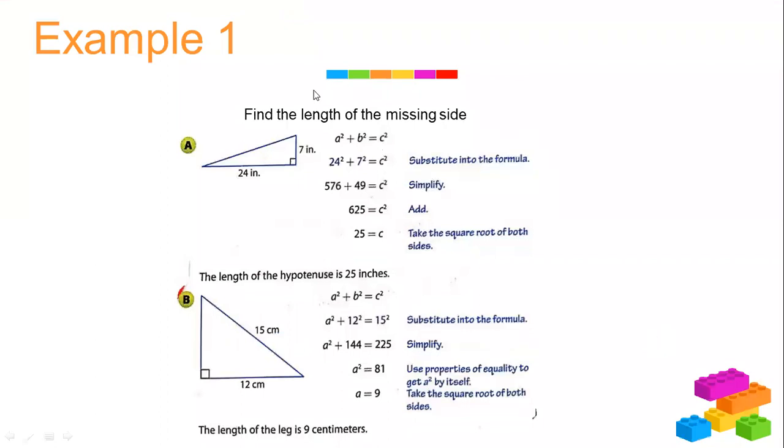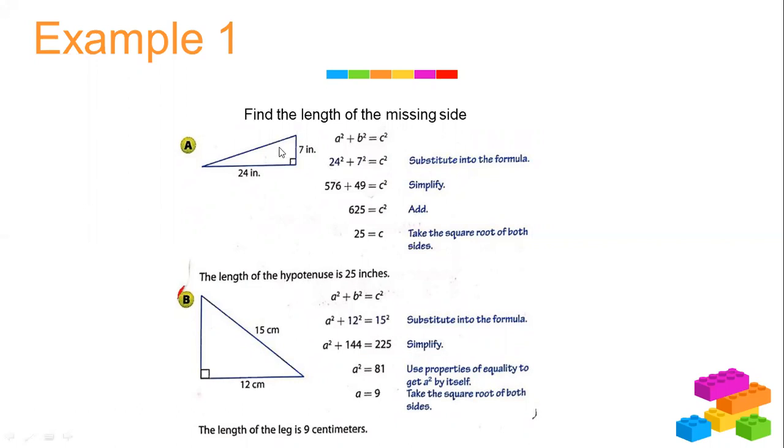In example 1, we want to find the length of the missing side. This is the given triangle, and we want to find the hypotenuse because these two sides are the legs. How did I know? We said before that the hypotenuse is the side in front of the right angle. So we use the rule A power 2 plus B power 2 equals C power 2.